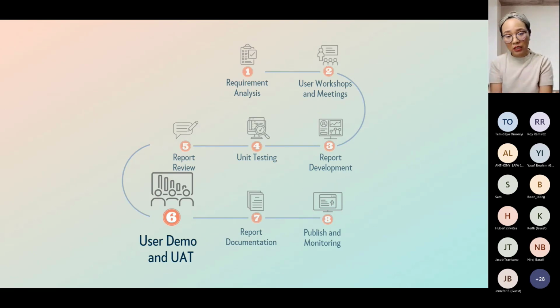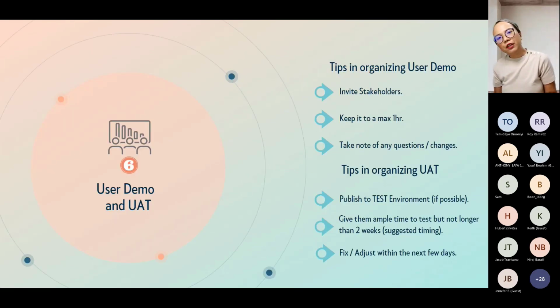So let's say everything is good and you are able to finish the whole report. The next thing is going to be your user demo and UAT. The user demo is where, after you finish the report, you do a demo of the report itself to the user. In here, I would suggest you invite the stakeholders, just to ensure that your key users are able to capture also the things your stakeholders are requesting.